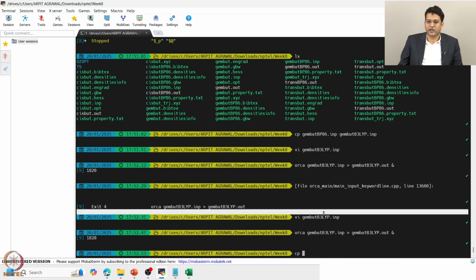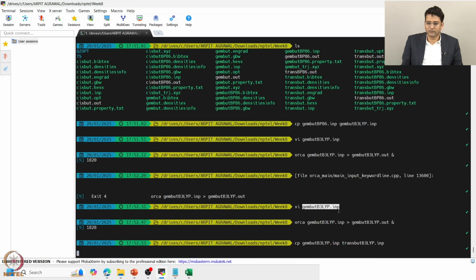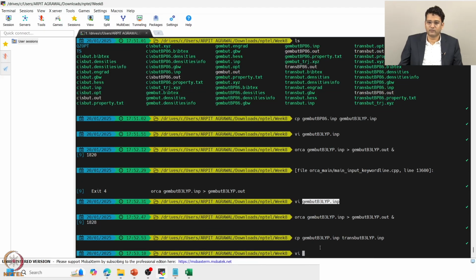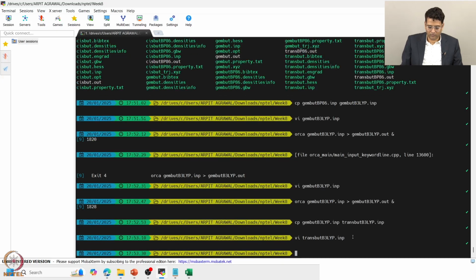So the gem B3LYP, I can make it a trans B3LYP. And I can also make a cis B3LYP.